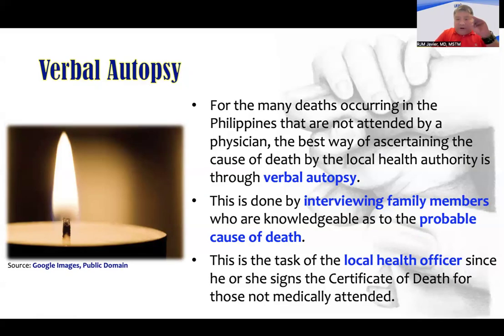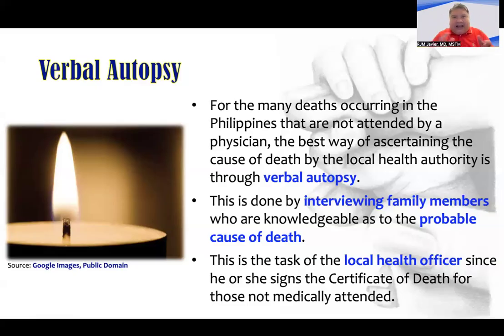The verbal autopsy is conducted by interviewing family members who are knowledgeable as to the probable cause of death. Again, it is the task of the city health officer or the municipal health officer to accomplish the medical certificate, the certificate of death, and to sign it.